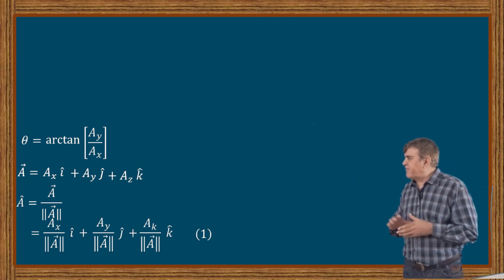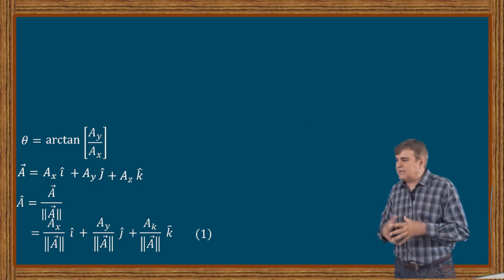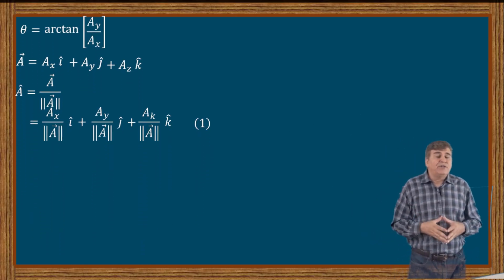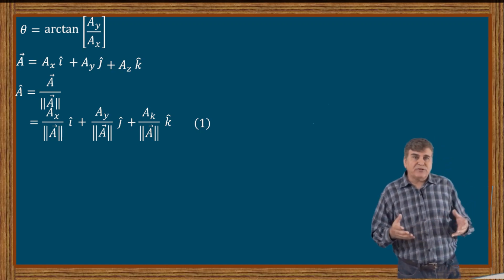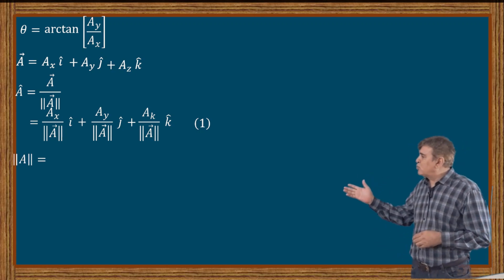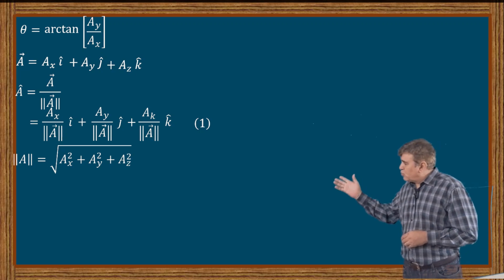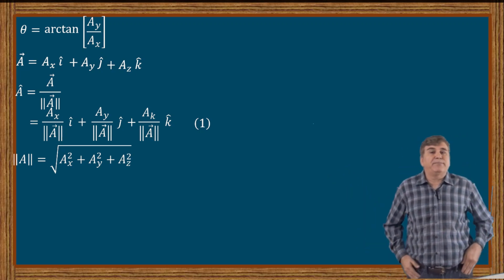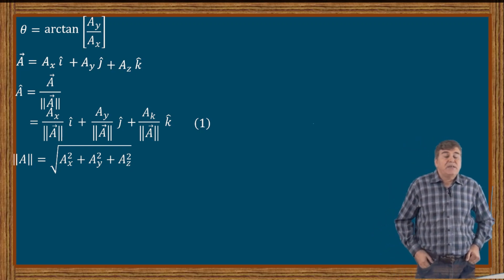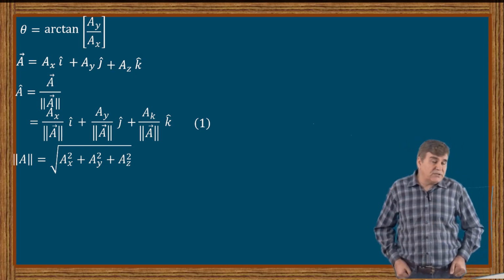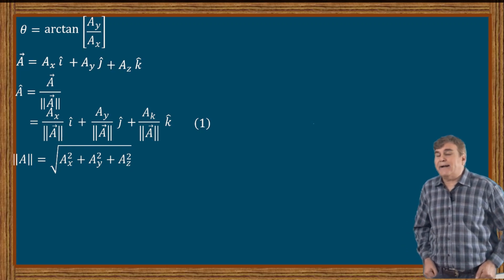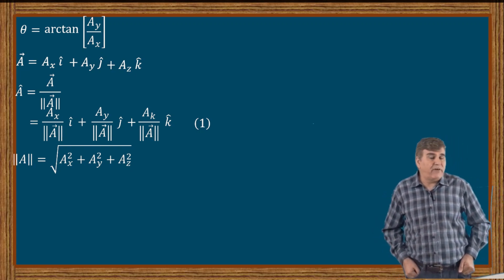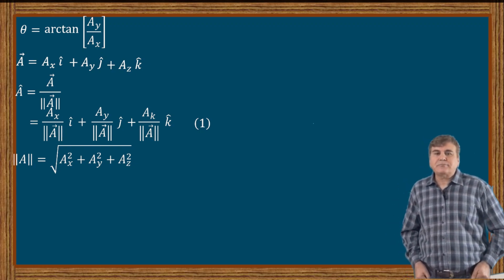One can easily verify that this is a unit vector by finding the magnitude of A hat, where the norm of a vector, as we know, is given by the square root of the sum of the squares of the components, that is a sub x squared plus a sub y squared plus a sub z squared. Since we know the components of vector A, we can find its magnitude and construct the equation for the unit vector.